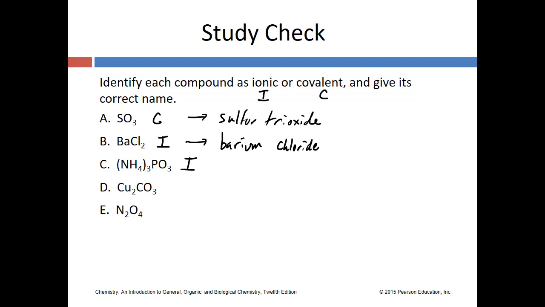I've got 4 different elements. We haven't taught you how to name anything that had more than 2 elements in it. Our construction wouldn't allow for a naming system for this. We would have no way of really quantifying it. We don't have a prefix, for example, for 12, because there are 12 hydrogens.